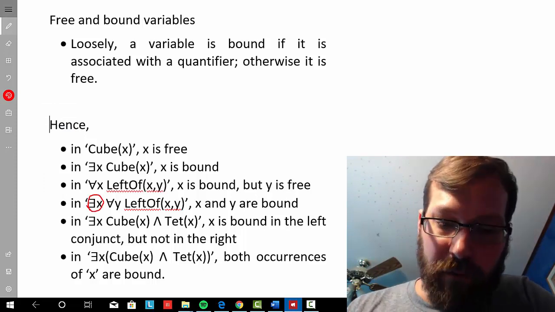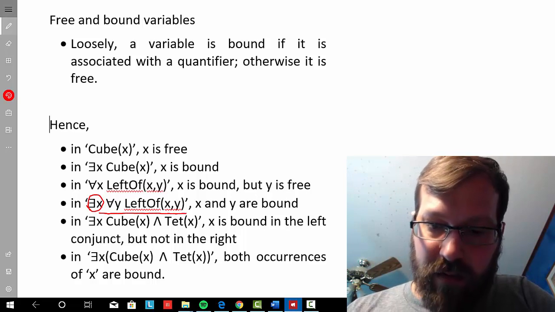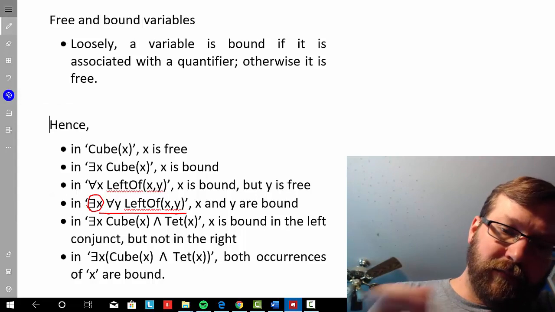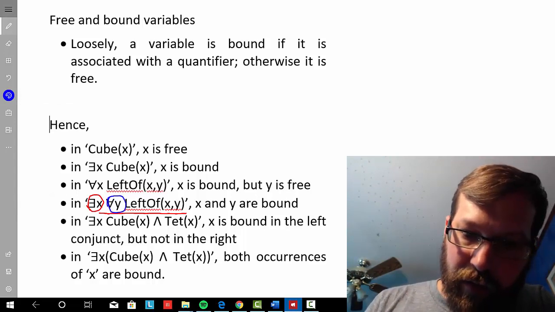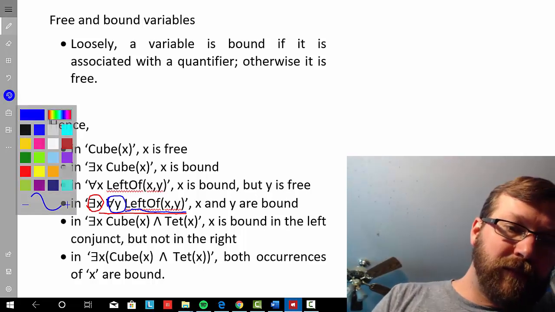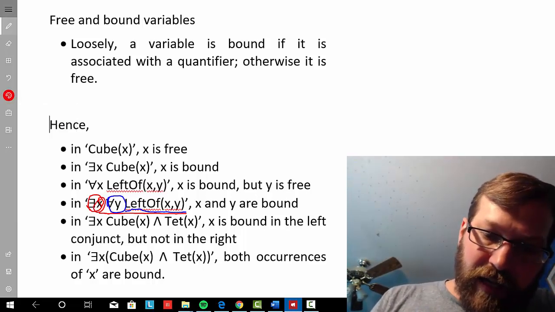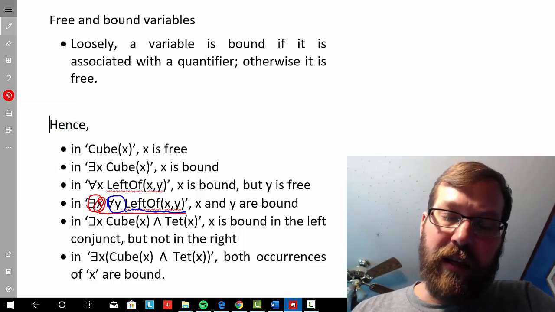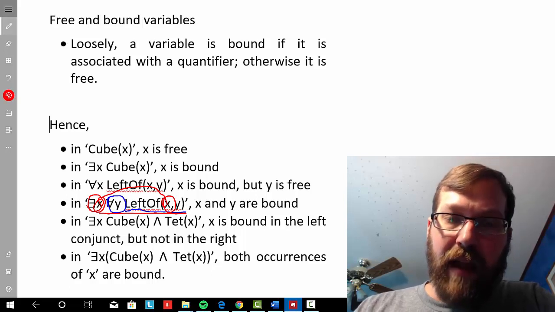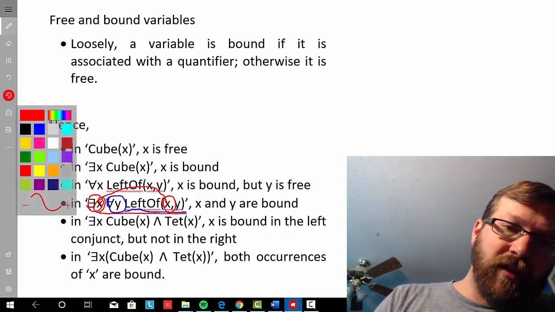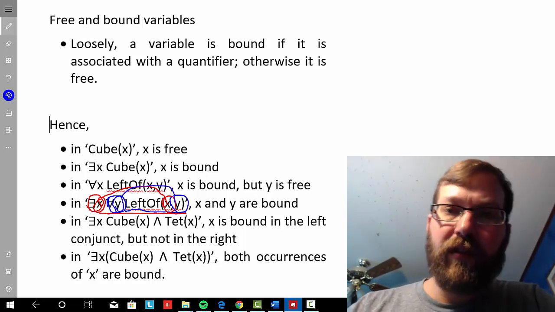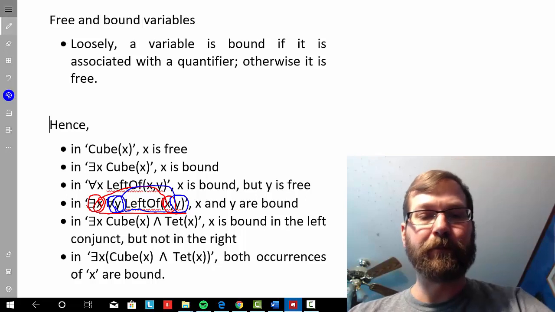For that quantifier, that's completely within its scope. And for this quantifier, this is within its scope. So the x associated with the existential quantifier there does bind that variable, and the y of this universal quantifier binds this variable. So x and y are both bound in that case.